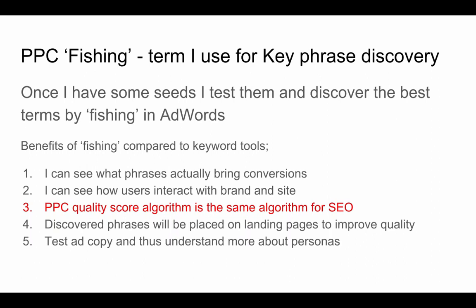Another big bugbear that I have with keyword tools: a keyword tool is going to spit out a number of phrases. It's going to give you data about how much they cost, how popular they are, and maybe you can get a bit more insight. But one thing that it can't really do is match it properly to a persona.